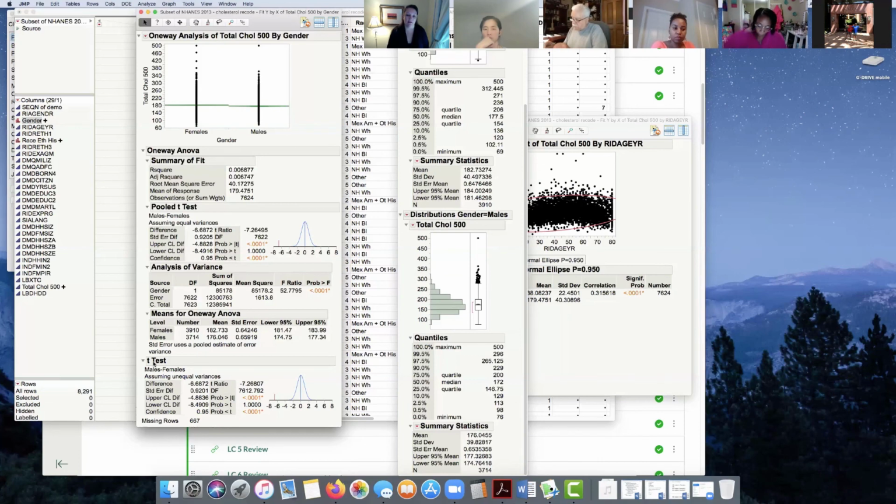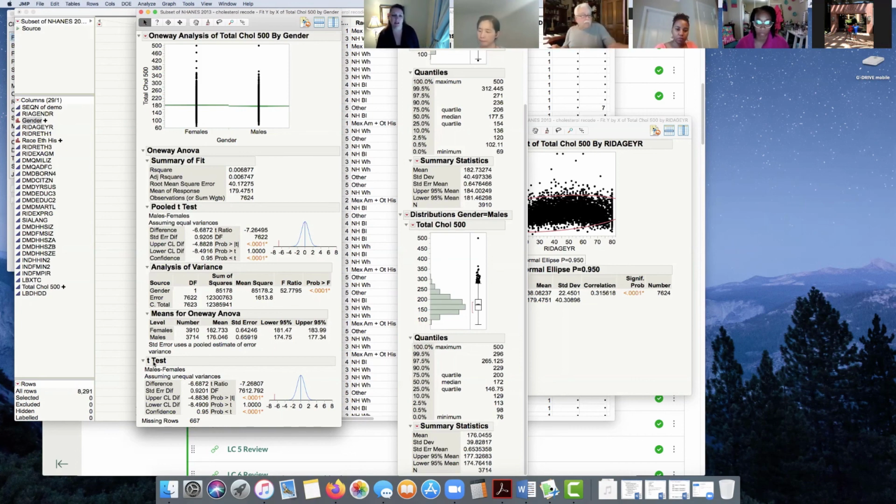But as long as you don't have vastly different standard deviations, which you should know from having done your summary, either one is fine. Okay. And the TAs are going to go back and correct the learning checks. So if people reported the pooled T and instead it was the unequal T, we'll go back and change that.